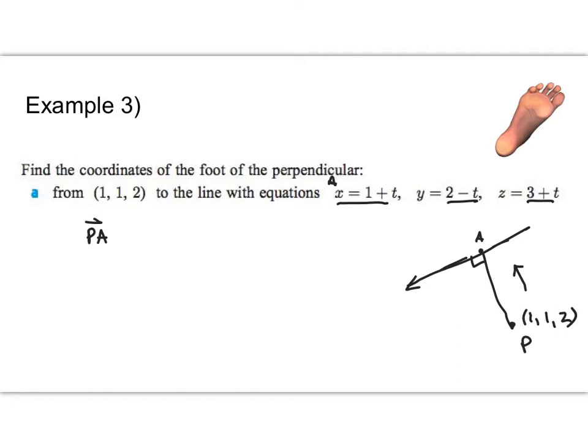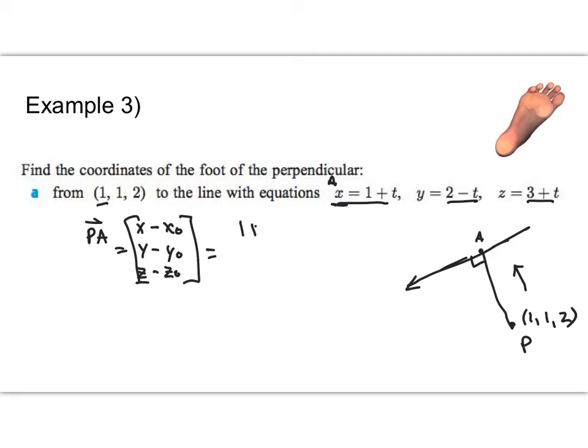If I look at that, for vector P to A, that's going to be x minus x0, y minus y0, and z minus z0. The x component of my vector, here's my initial point, here's my second point.